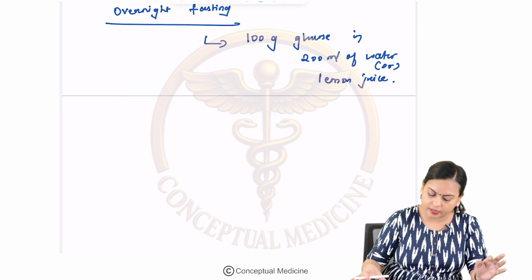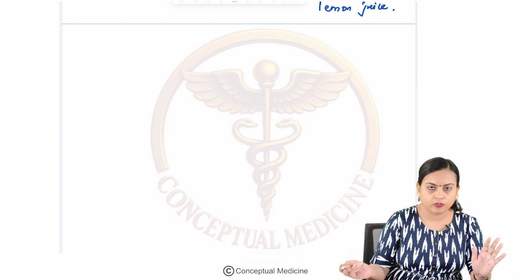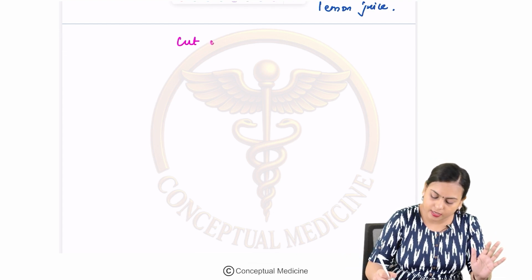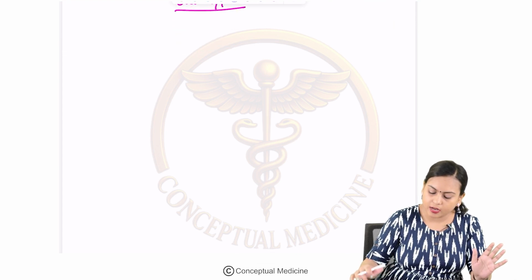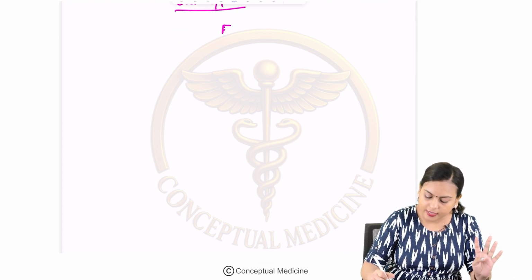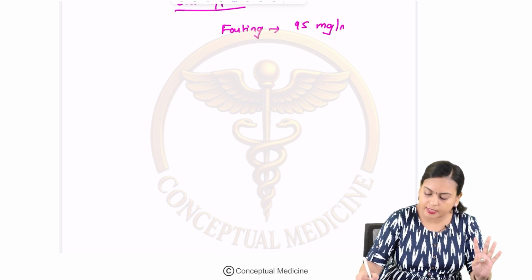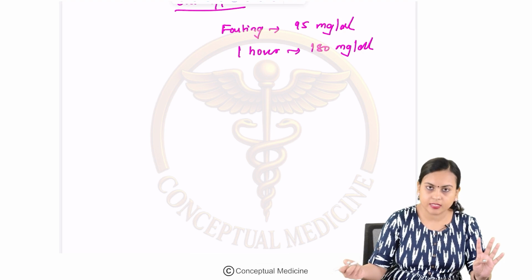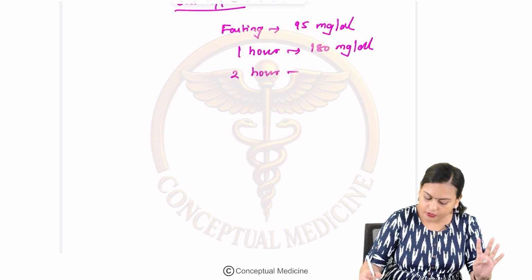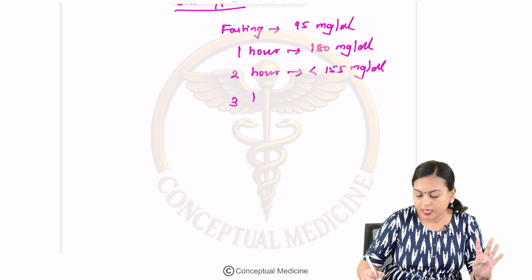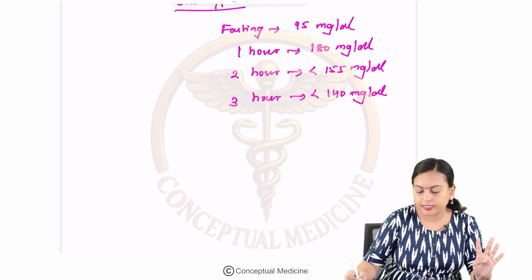Clear? Now, we will see the cutoff. This is the important part. For this, the cutoff ranges you should know. We took 4 samples, right? The fasting value should be less than 95 milligram per deciliter, the 1-hour value should be less than 180, the 2-hour value less than 155, and the 3-hour value less than 140 milligram per deciliter.